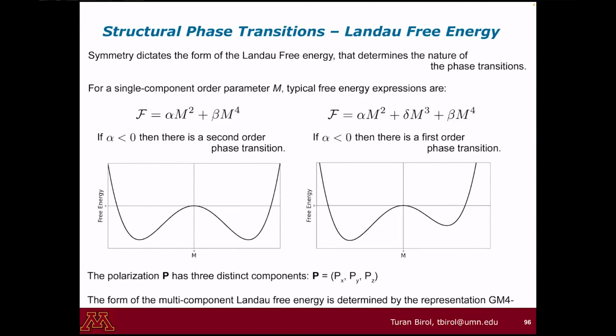Landau came up with this idea that whenever you have a phase transition, not just a structural phase transition, in general, there is something called an order parameter that determines the symmetry and nature of the phase transition. If you have a ferromagnet, your order parameter is the magnetization.